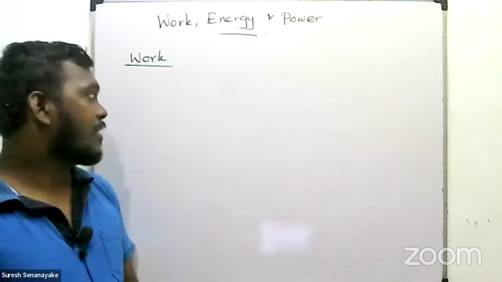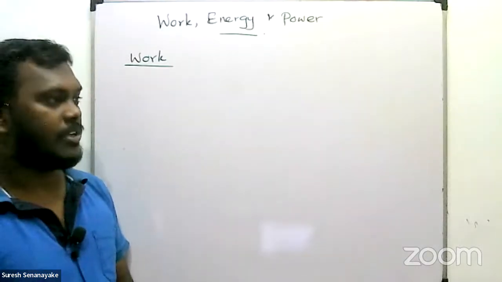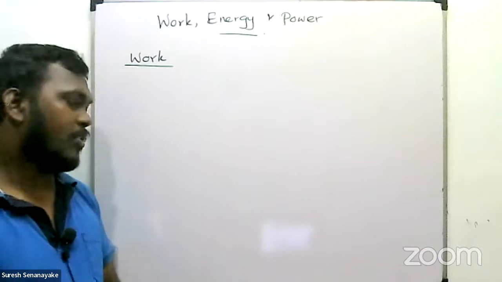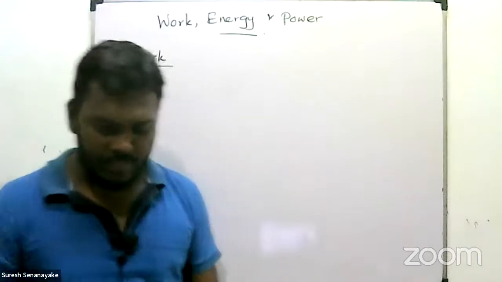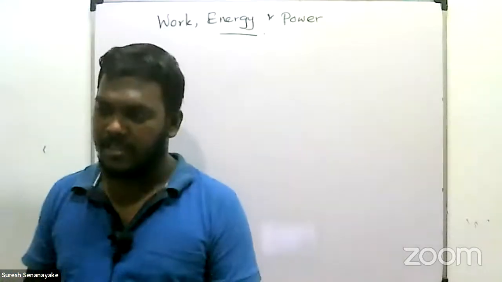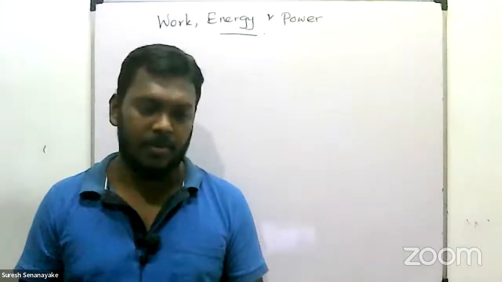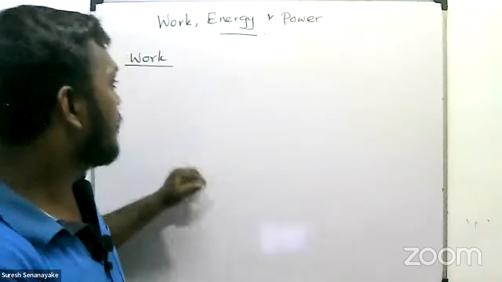Positive work done means work done by the force applied. Zero work done means no work done, because if the force is perpendicular to the direction of motion, there is no work done by perpendicular forces, right? So that's how we can describe work.